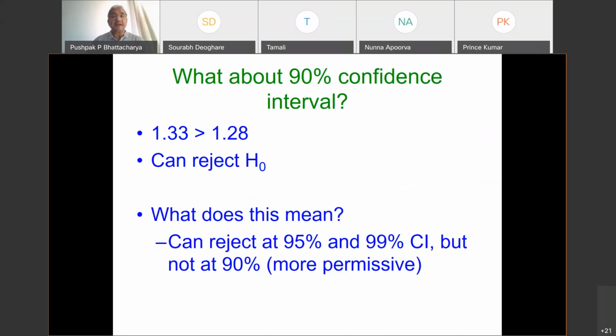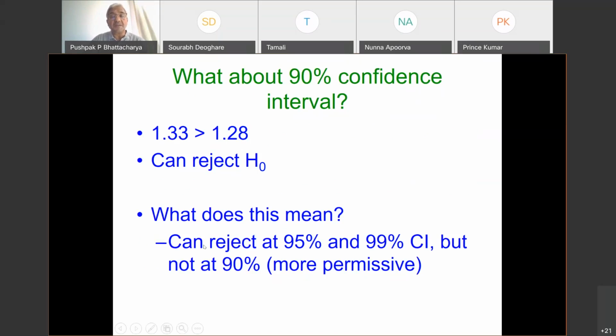So the interesting case comes when we take 90% confidence interval. For 90% confidence interval, the region is minus 1.28 to plus 1.28. So now we have entered the rejection region and we can reject H naught.